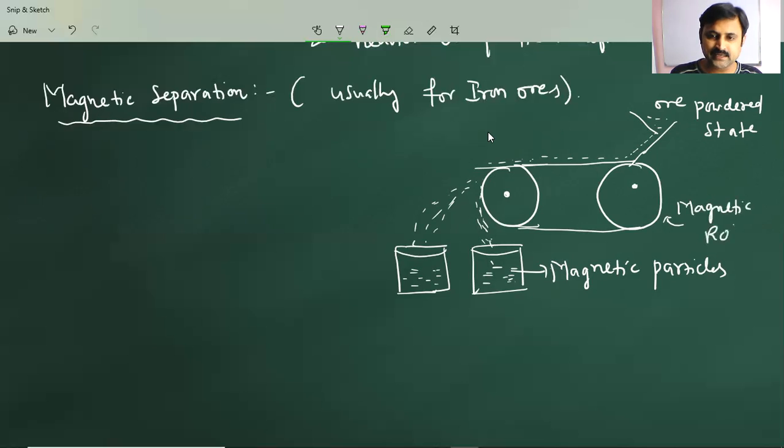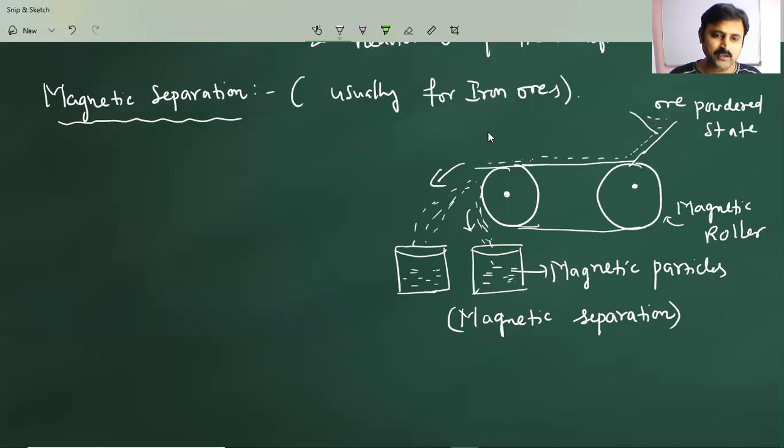Here the fall of these particles takes place depending on the tendency of their magnetic properties. Okay, so this is the schematic diagram. This diagram we call the magnetic separation picture, the magnetic separation method.